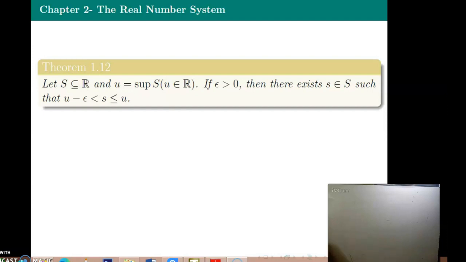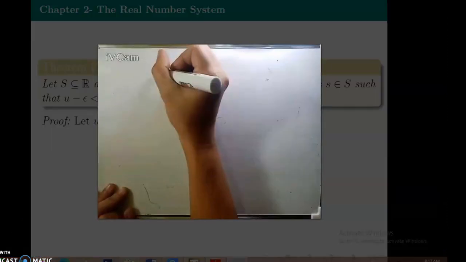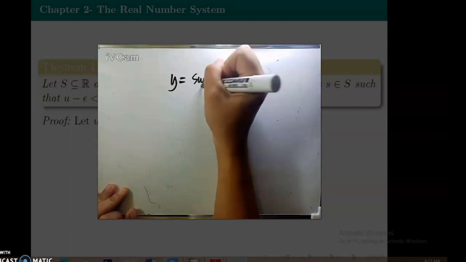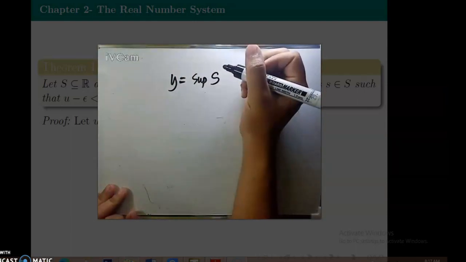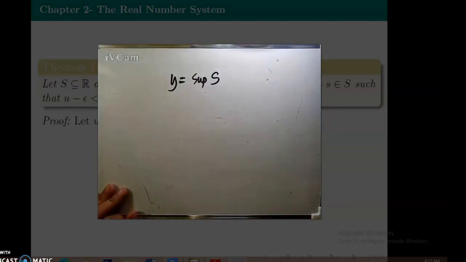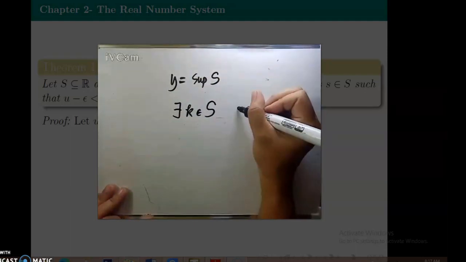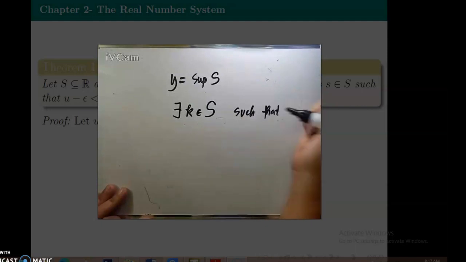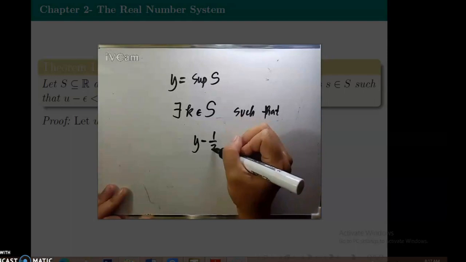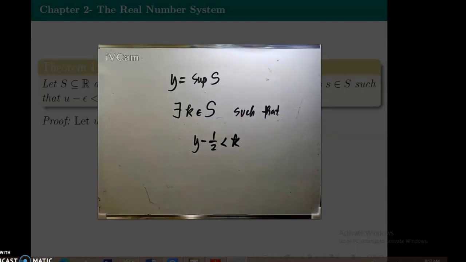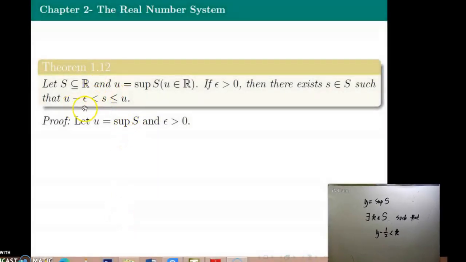So in our proof, we have Y as the supremum of the set S, and the Supremum property theorem states that there exists K in S such that Y minus 1/2 is less than K. So actually, our 1/2 here is the epsilon.